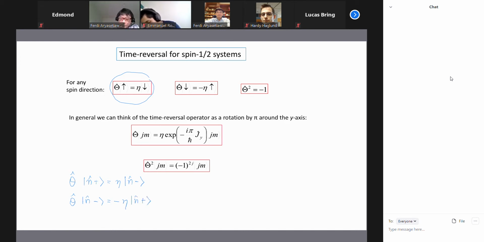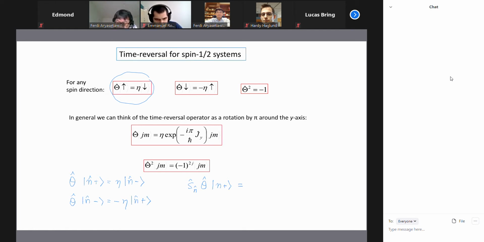You can also verify this directly by doing the rotation from the spin up state in the z direction to the spin up state along the direction n. Or you can just say that we have a spin up state like this, the n plus, let's say, like we did for the z direction.